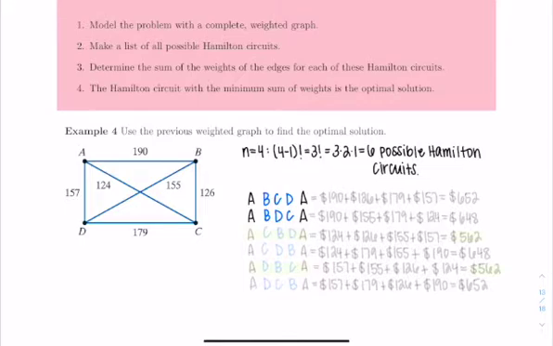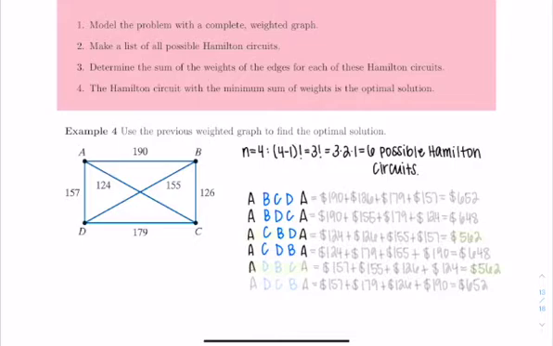Well, maybe we don't want to have B first. We want to have C first. So if I have C first, I only can do B and then D. Or we have another option. We could do C first and then do D and B. That takes care of 4 of my 6 possible.